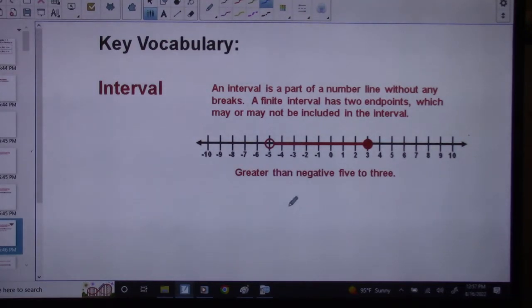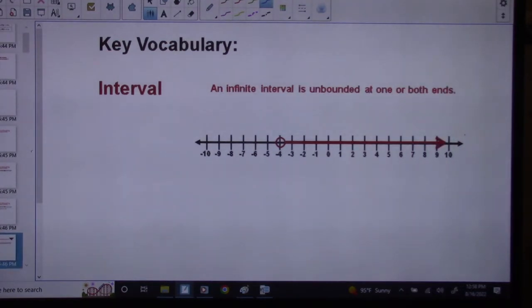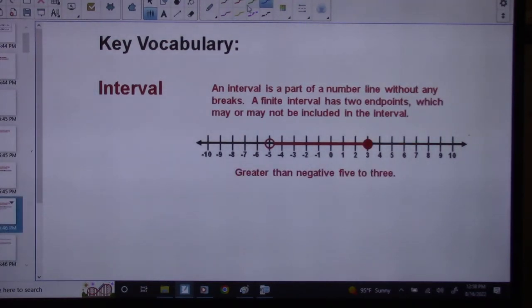And one way we would say this, we could say that it's greater than -5 to 3. Greater than -5, or you could say greater than -5, less than 3. So there are different notations. What we're going to do is, in fact, let me go ahead and put what some of those are.